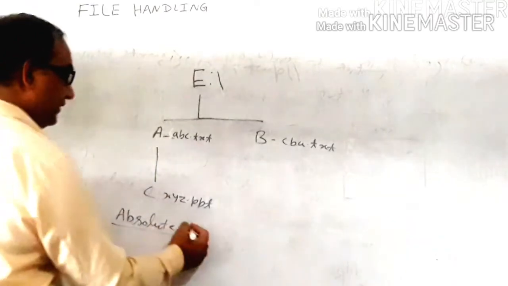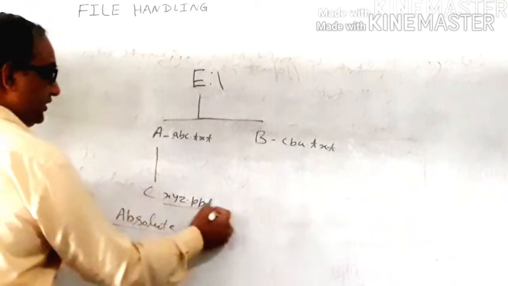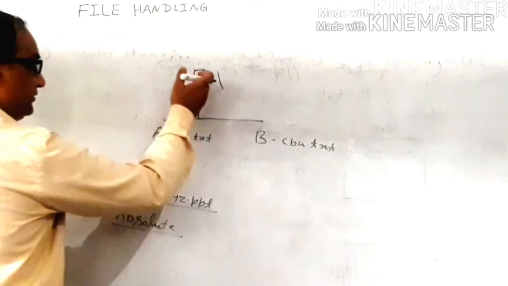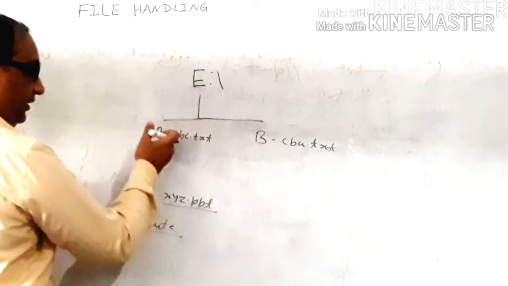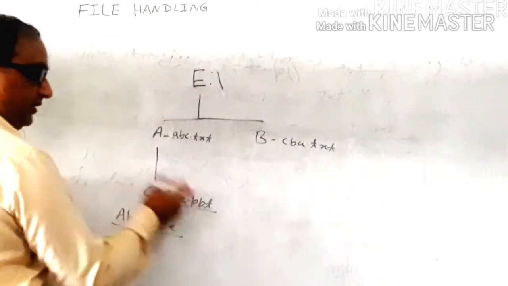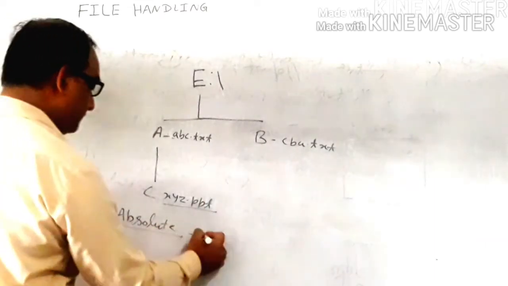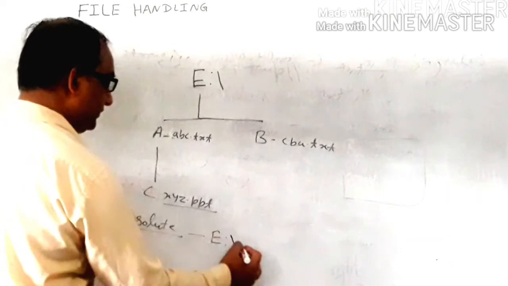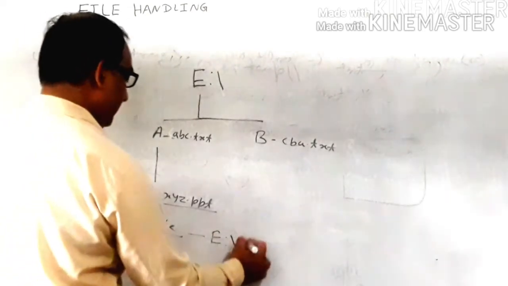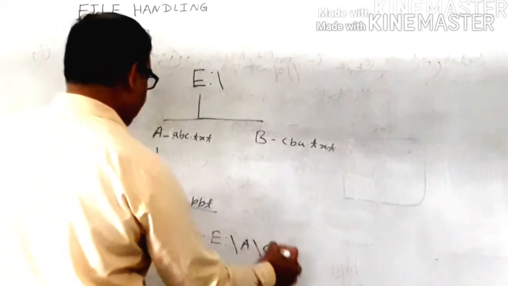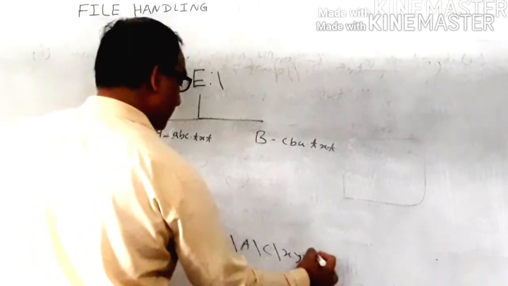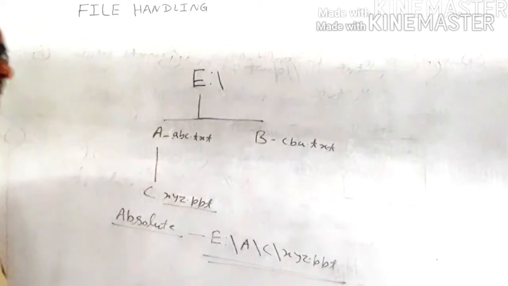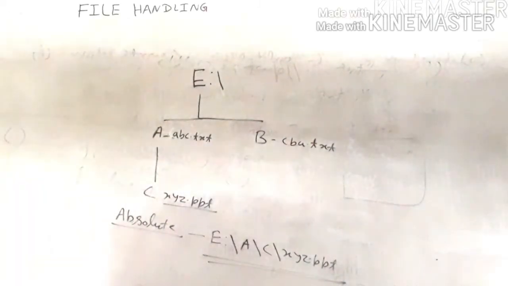If you want to see the location of xyz, first it is in the E drive, then E contains A, A contains C, and C contains xyz. So absolute path means it contains four things: E contains A, contains C, and C contains xyz.txt. This is known as absolute path.